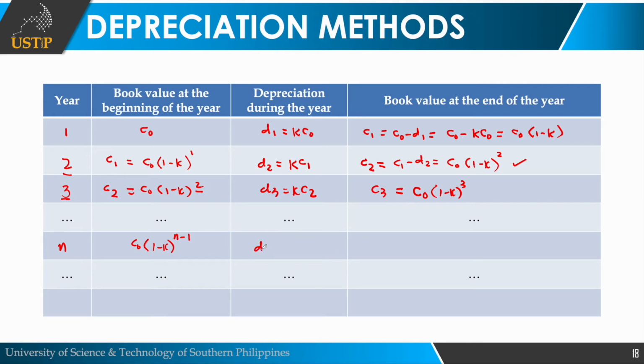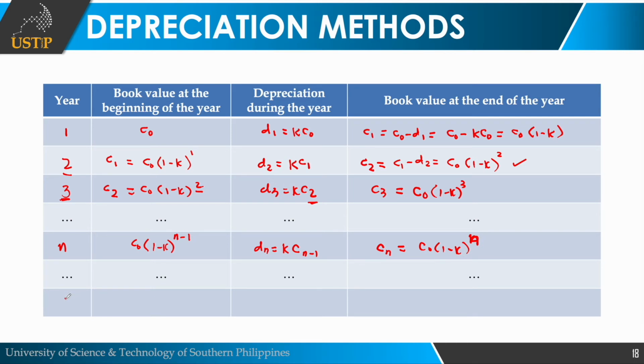Okay? And your d sub n, imong depreciation during that year is just equivalent to k multiplied by c sub n minus 1 na gyapon. Okay, that is 2 and that is 3. Alright, and then your book value would be c sub n equivalent to c sub o (1 minus k) raised to n.